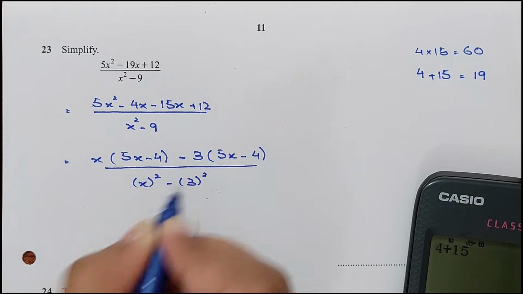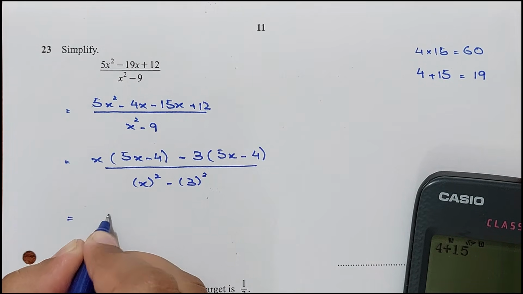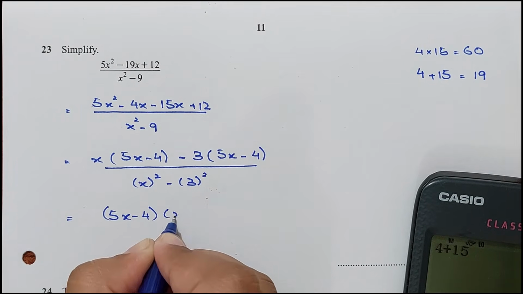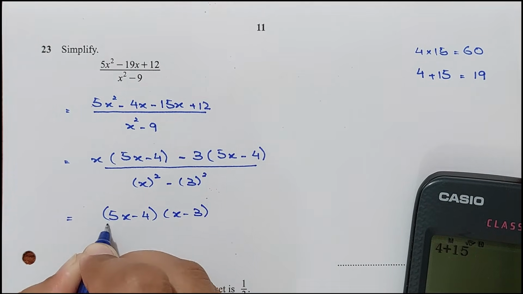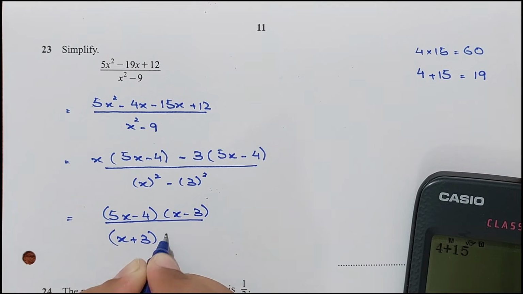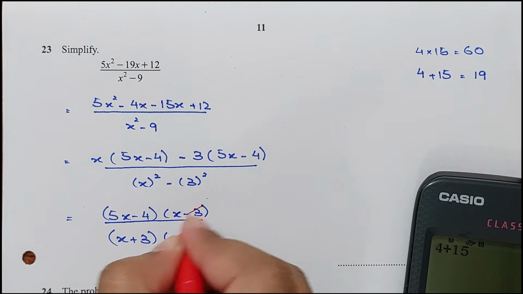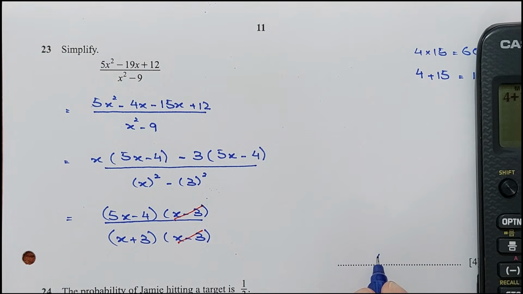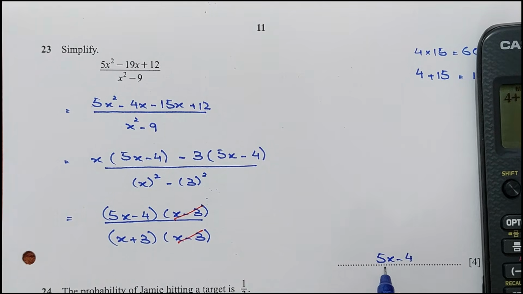A square minus b square is a plus b and a minus b. So 5x minus 4 is a factor, x minus 3 is a factor, over here we have x plus 3 and x minus 3 is a factor. Cancelling the like factors, x minus 3. So the simplified answer is 5x minus 4 over x plus 3.